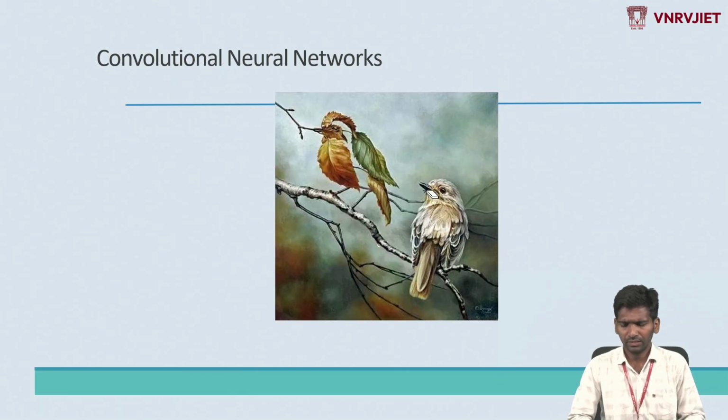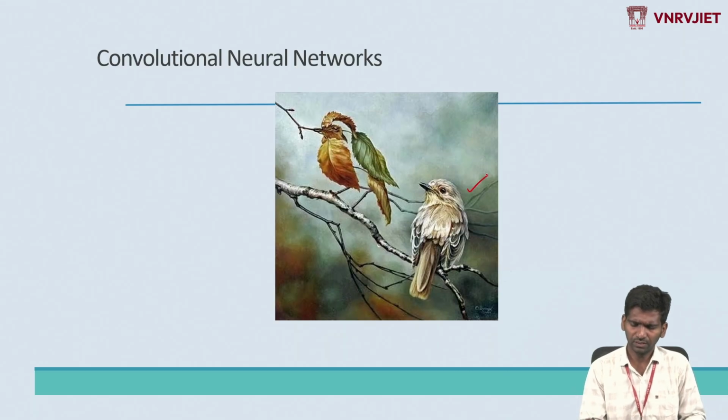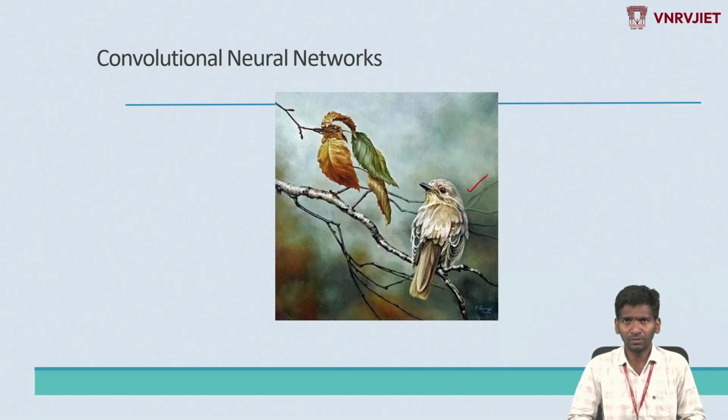In this image, if I ask you how many birds are there, how will you respond? You will respond one, some may respond two. But the actual image is this one. There is only one bird, that is this one, but some people will say two.